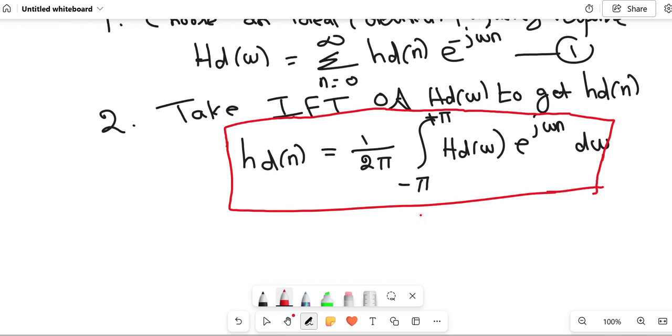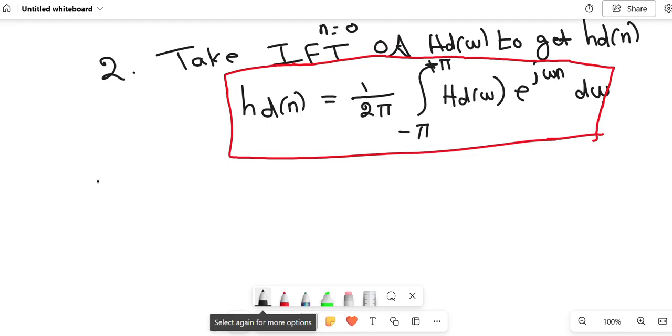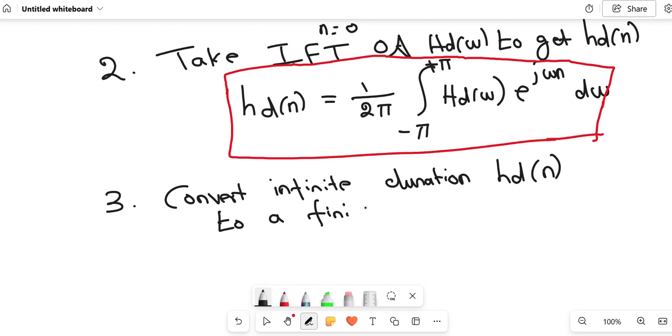So, the third step: convert this h_d(n), which is of infinite duration, to a finite duration impulse response.